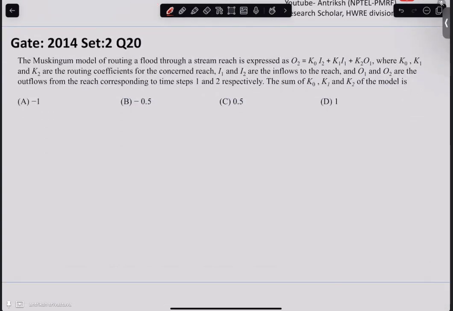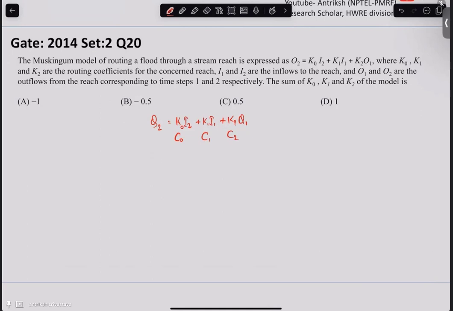Question number one. GATE 2014 set 2 question number 20. The Muskingum model of routing a flood through a stream reach is expressed as Q2 is equal to K naught I2 plus K1 I1 plus K2 Q1. Now you might also see this K as C naught, C1, C2.